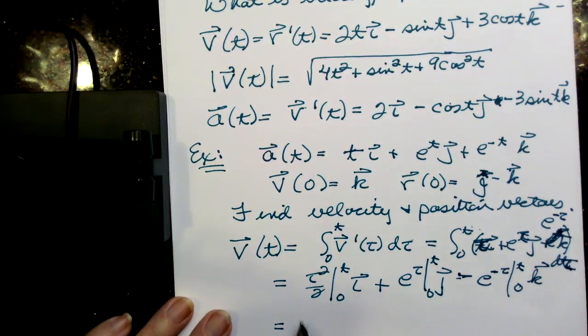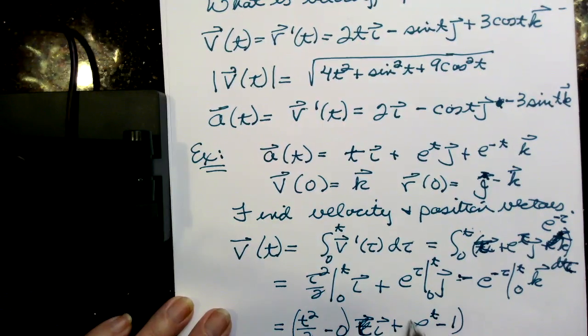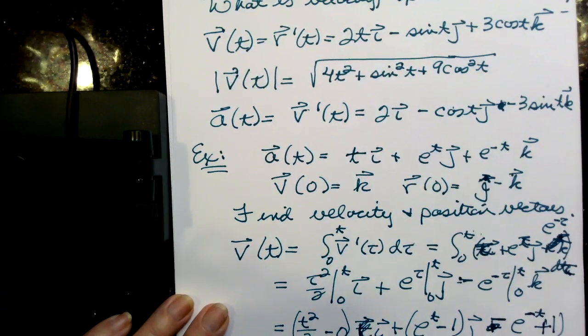Okay, so let's see, that will be t squared over 2 minus 0 times i, plus e to the t minus 1 times j, plus minus e to the minus t plus 1 times k.